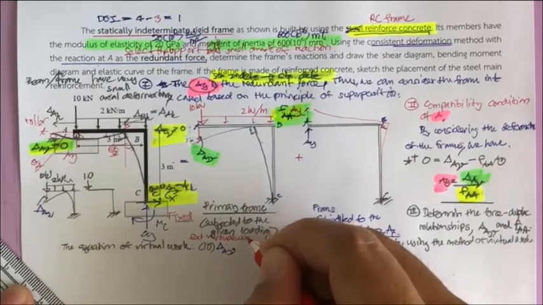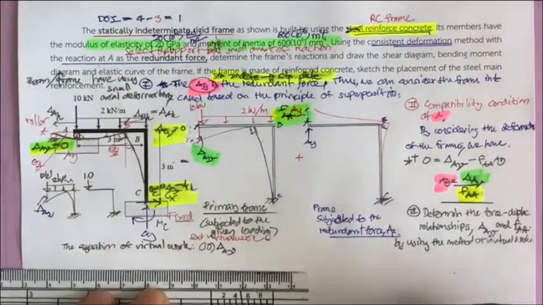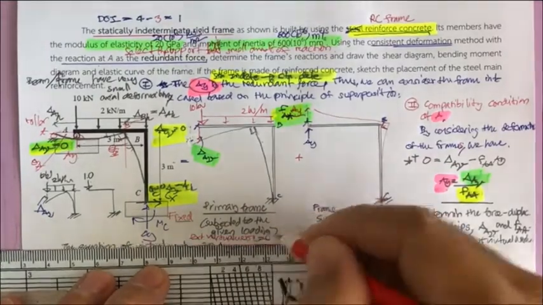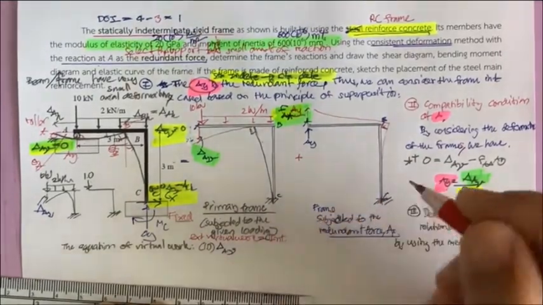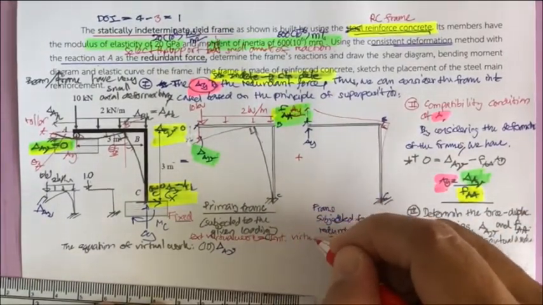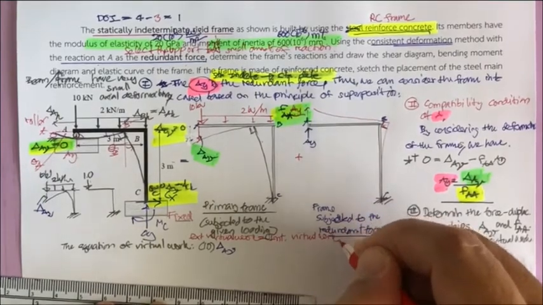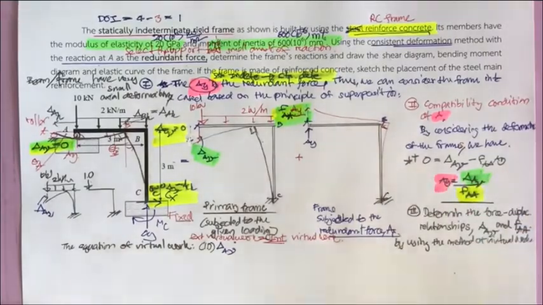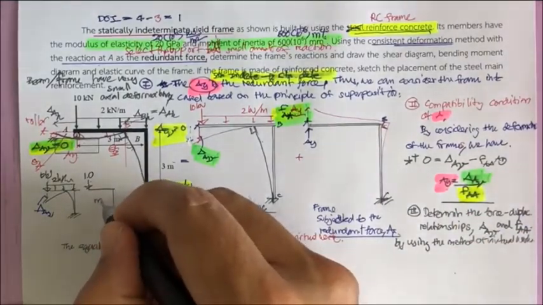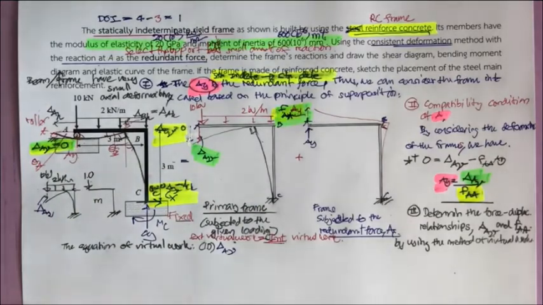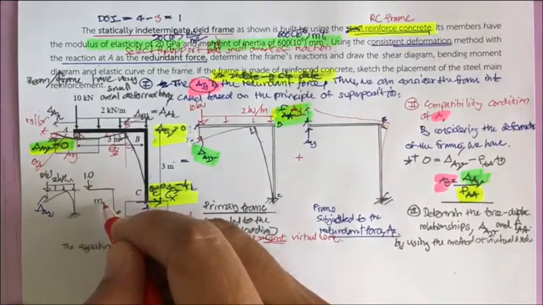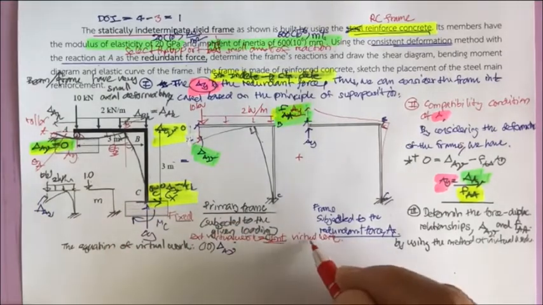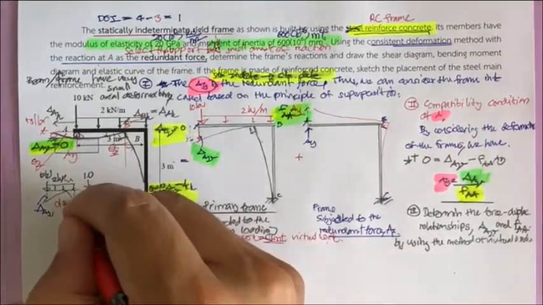is what we have here as the external virtual work. This external virtual work is going to equal the internal virtual work. Where does the internal virtual work come from? This one unit produces the moment, and this moment times something produces the work, so it times d theta.